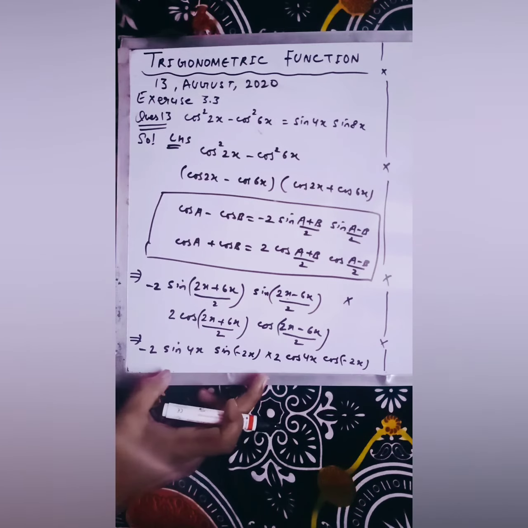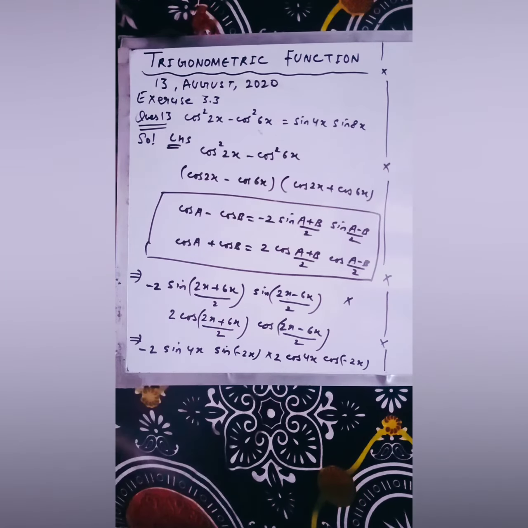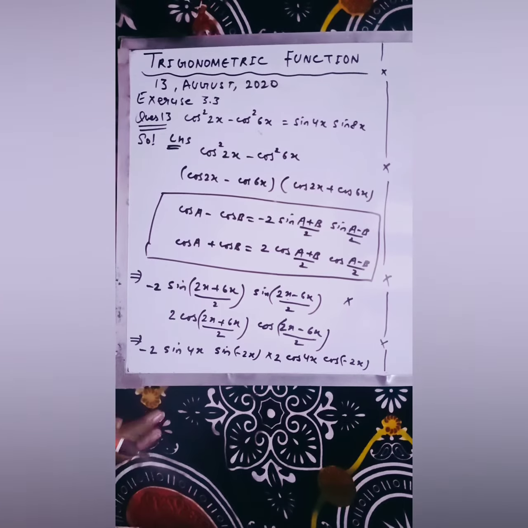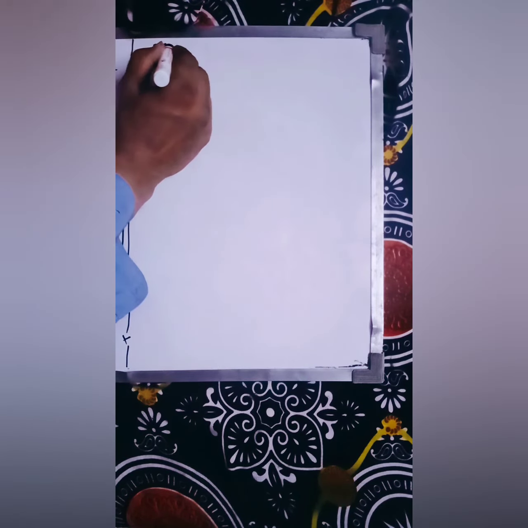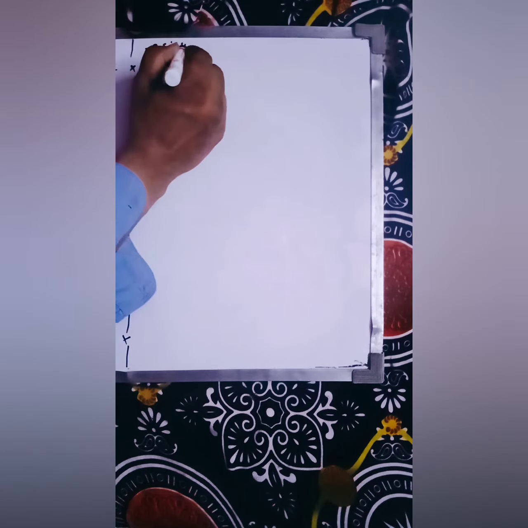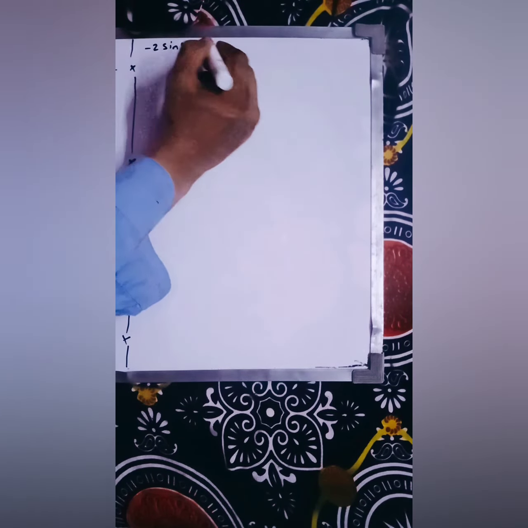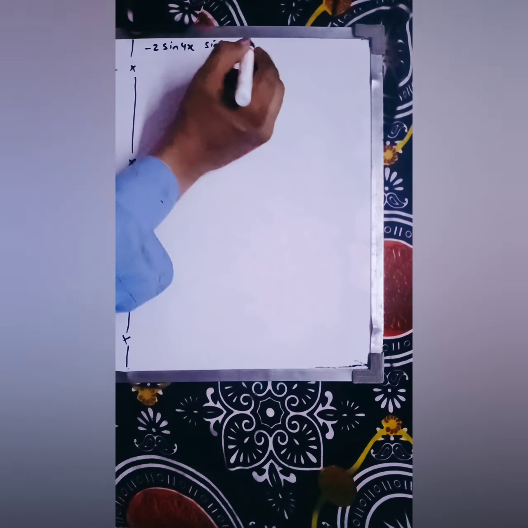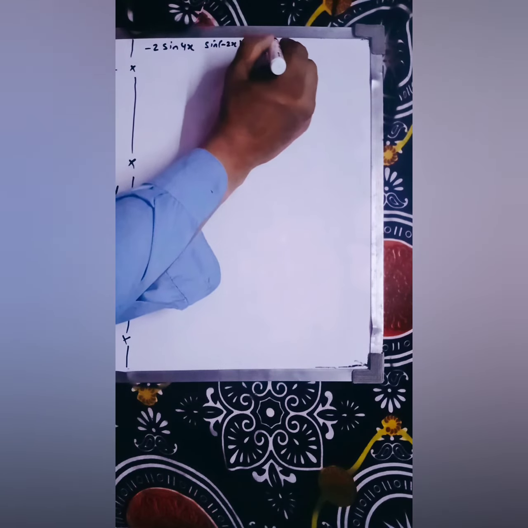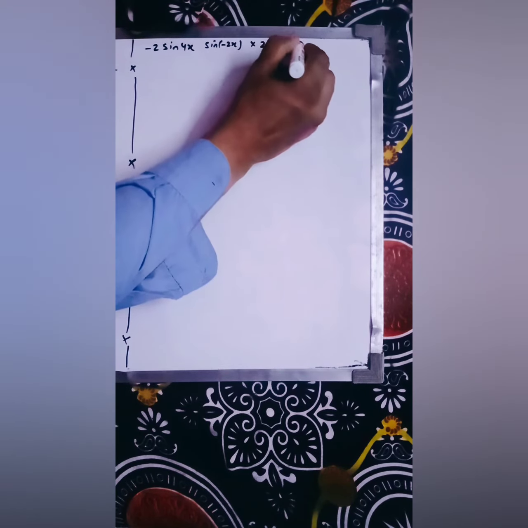After this step, let me change to the next slide. Here I'm just copying this equation: minus 2 sine 4x, sine minus 2x, cos 4x, cos minus 2x.